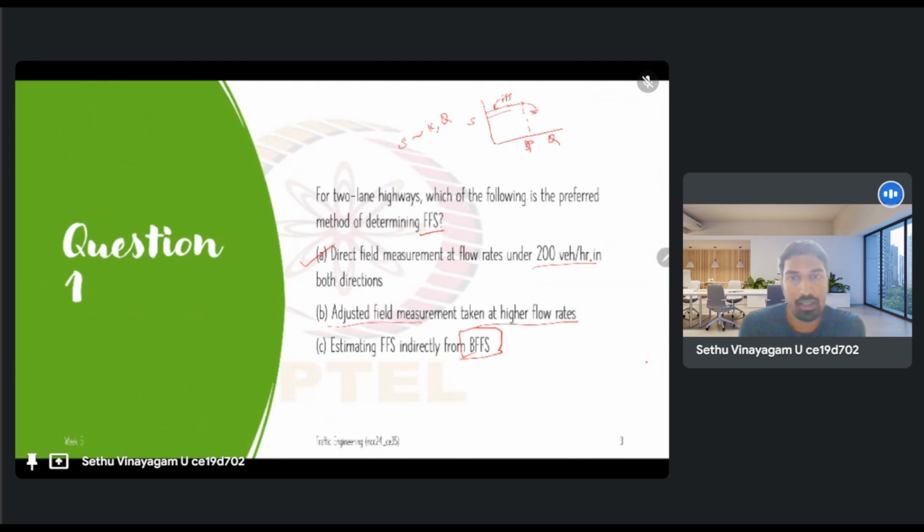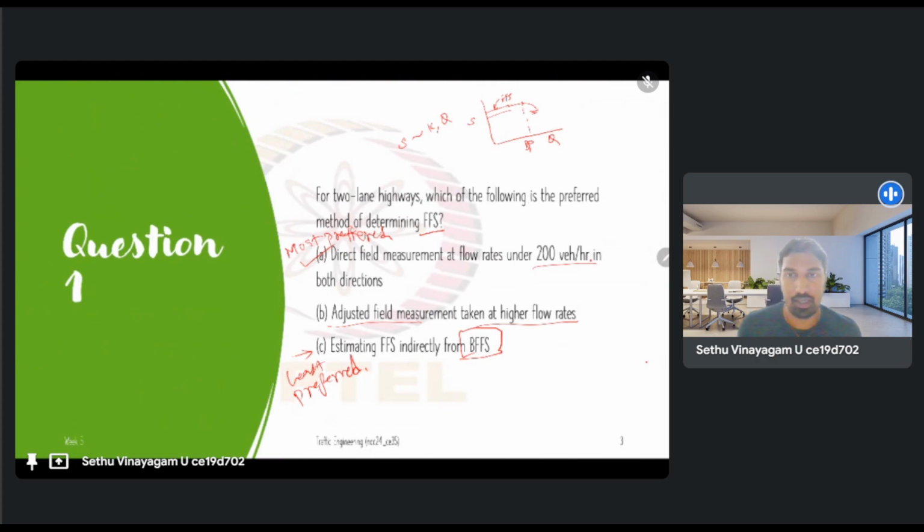But again, it will not be as accurate as the direct field measurement, because it's not taking into account the demand or anything. Therefore this would be the least preferred, and A will be the most preferred way.